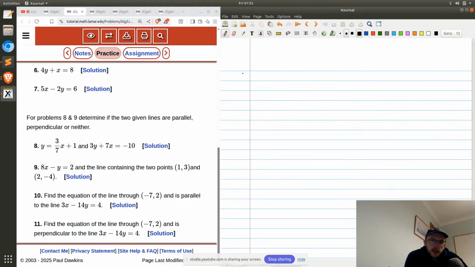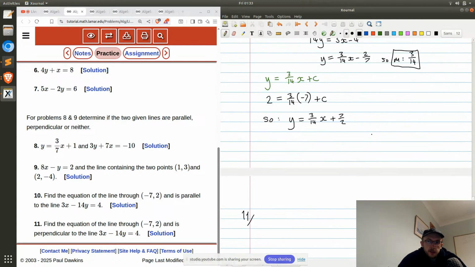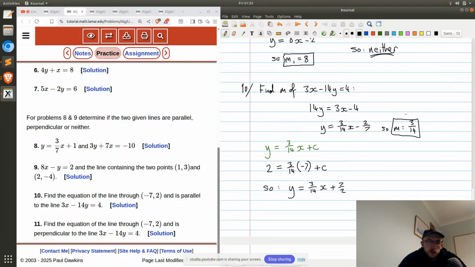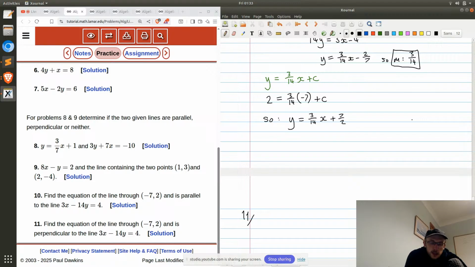And now problem 11. Find the equation of the line through -7, 2, and it's perpendicular to 3x minus 14y equals 4. So beneficially, we can just use what we've found before and build upon it. So just turn this into the negative reciprocal. Just like that.